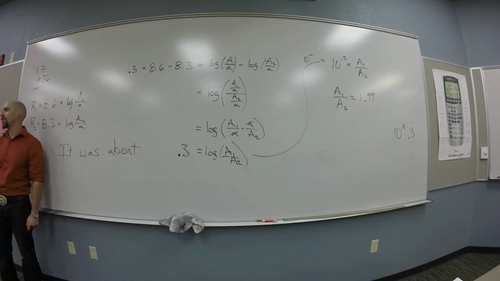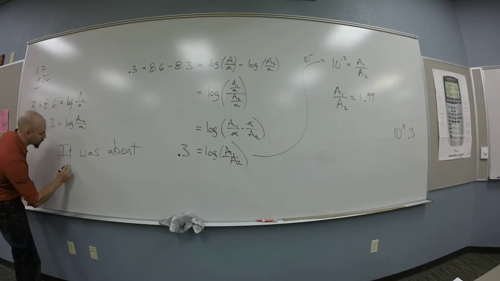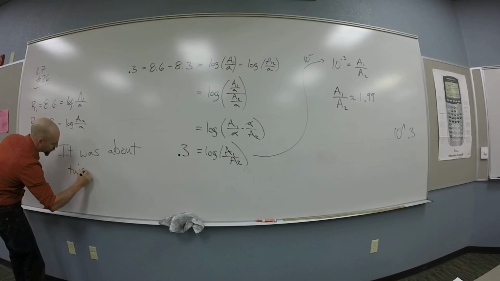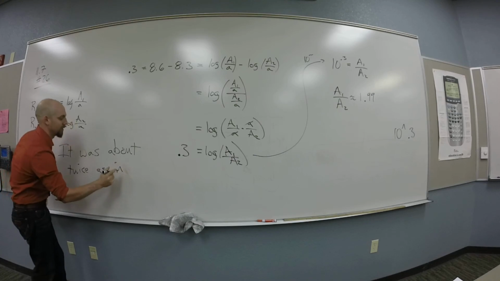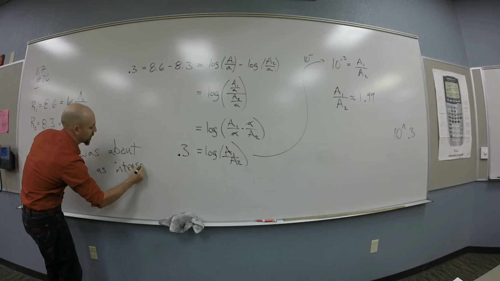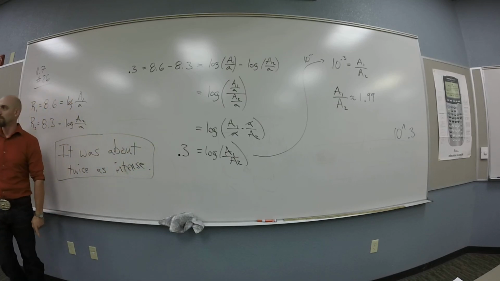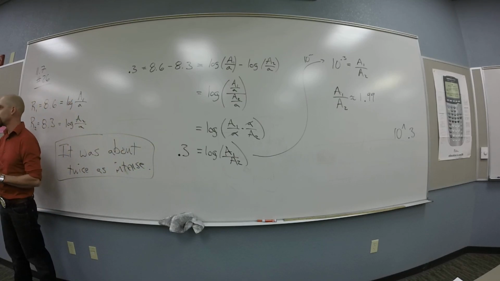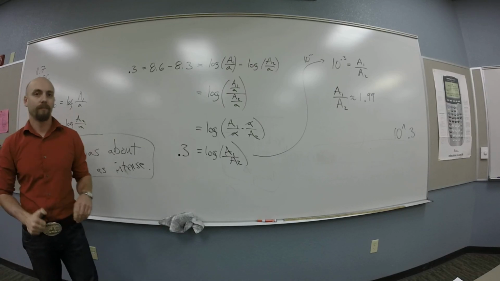Well, you can say 2. Yeah, I might even say double here, right? Because I'm saying about. I might say it was about twice as intense. Okay, see that? Factor of 2. Cool? Yeah. All right.